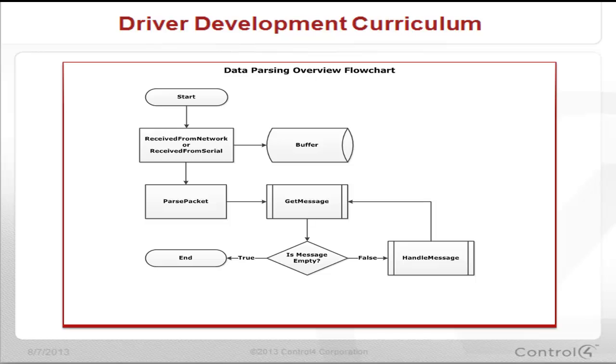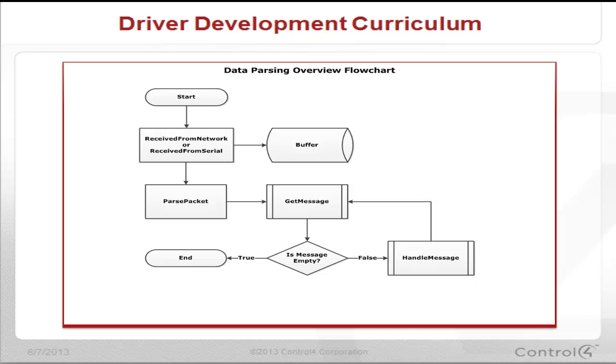It is important to keep in mind that the functions we outlined in our previous ASCII example are still applicable with hexadecimal data. We will receive the message through either receive from serial or receive from network. The message data strings will be placed into the buffer. The parse packet routine is called, and getMessage examines the data for data elements that are header and tail values.